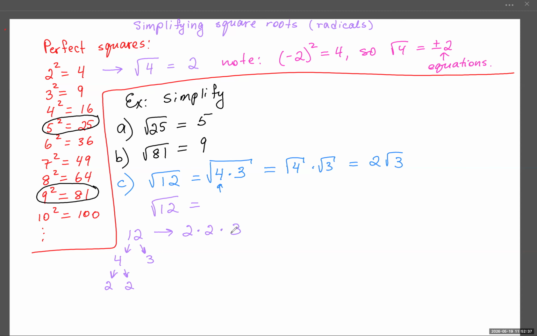Now, any number that repeats itself twice, so these two numbers, you are going to just take one of those and you're going to put it on the outside of the radical. So here's this 2. The number that does not repeat itself, which for us is 3, it stays under the radical.